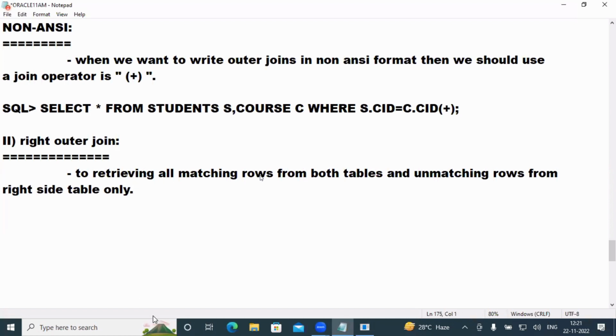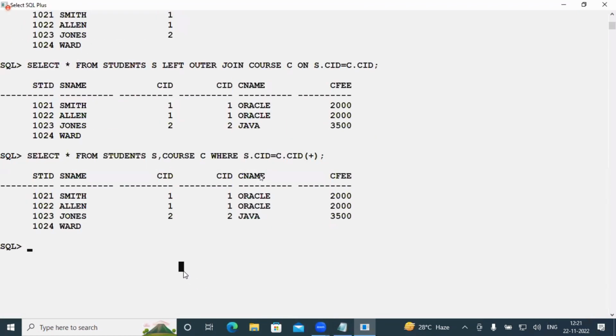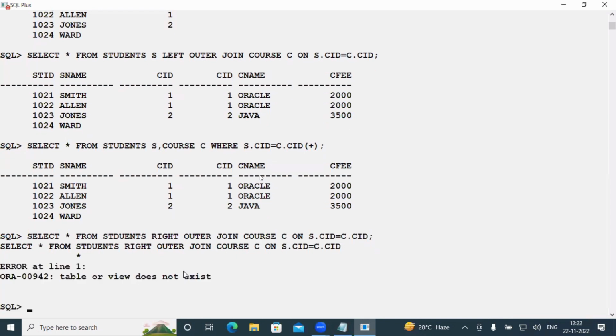Now here also it comes out. So now I'm passing: select star from students, and here my keyword is right outer join, then course C on S dot CID is equals to C dot CID. Spelling wrong, huh?